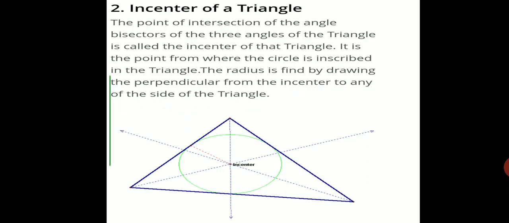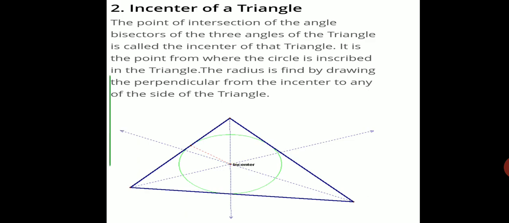So you can see this is the triangle, and we have drawn the bisectors of all the angles. This is the bisector of this angle, this one is the bisector of this angle, and this one is the bisector of this angle. All these three bisectors intersect at this point.